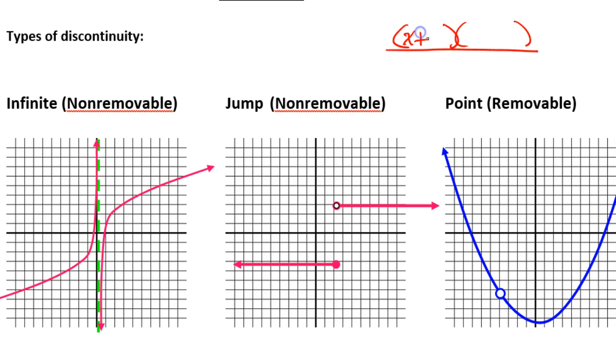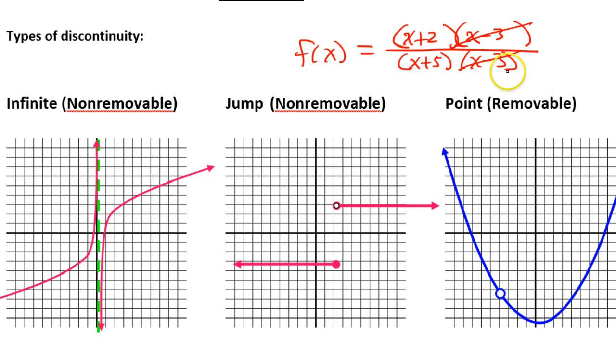So, if I had x plus 2 times x minus 3, and then I had, say, x plus 5 over x minus 3, let's say my function factored down to this. Normally, we would look at the denominator and say, oh, look, I have 2 vertical asymptotes. But we will not have a vertical asymptote from this. This cancels out.